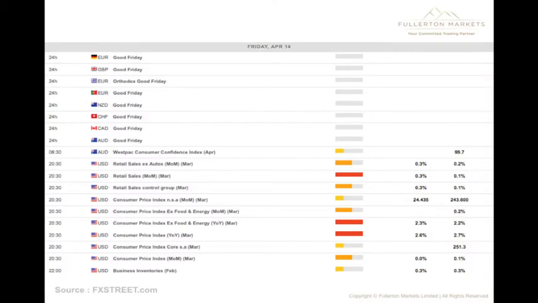Finally, we move on to Friday, end of the week. End of the week is basically towards Friday night 8:30. There's a few US data being released. At the same time, I wish to highlight this Friday is a public holiday, Good Friday. So there are a few countries that are celebrating public holiday, as you can see on the screen.